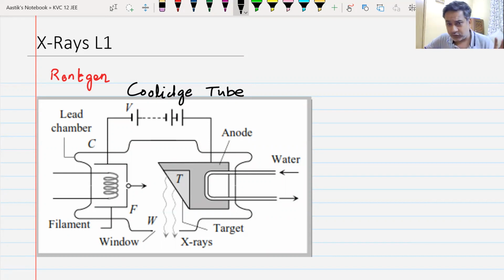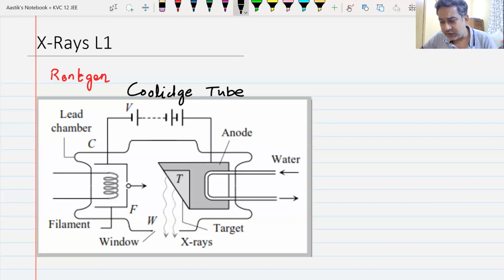Let's go back to how the photoelectric effect was happening. This was a metallic plate. Light was falling, and the work function was overcome, and electrons were emitted. That is how photoelectrons were emitted. We call it the photoelectric effect because it was because of the energy given by the falling photons.